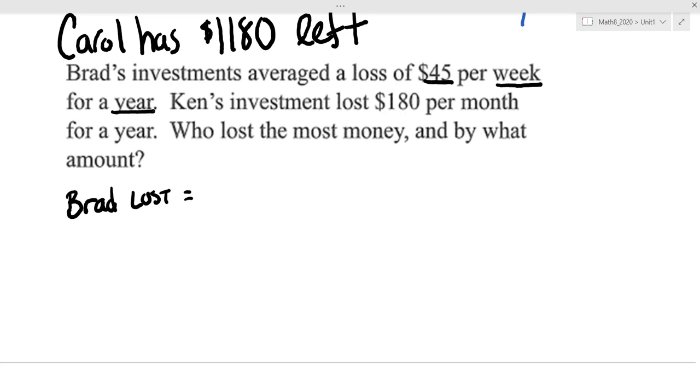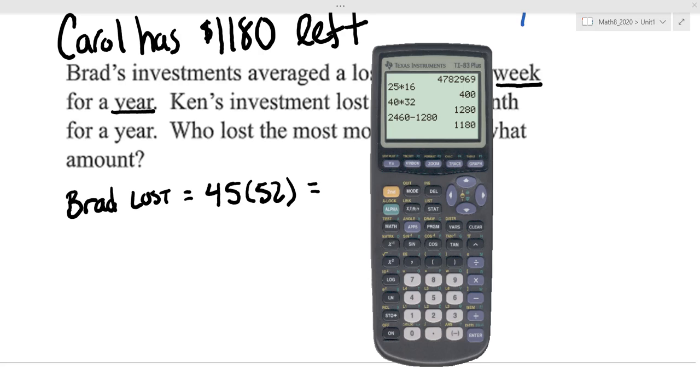Number of weeks in a year. Right? So the amount of money Brad lost is he lost $45 per each week. Well, if there's 52 weeks, it's 45 times 52. Right? And you can use a calculator for that. So you go 45 times 52, and it equals $2,340.